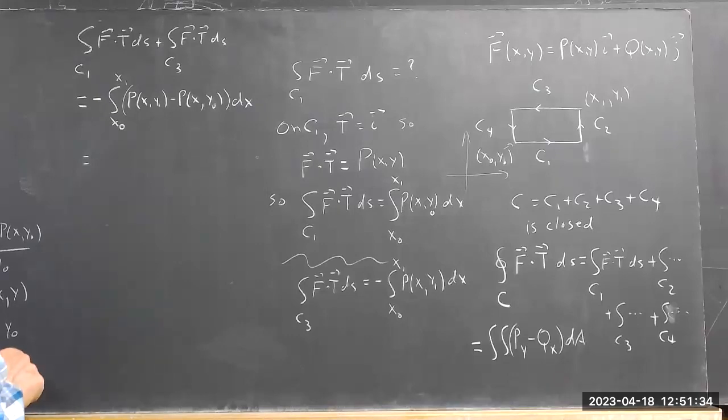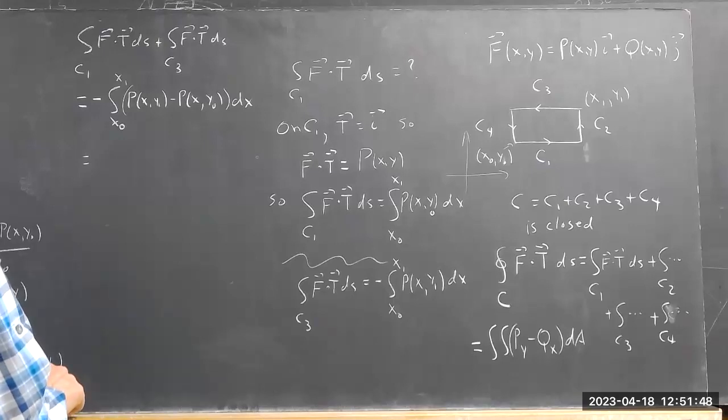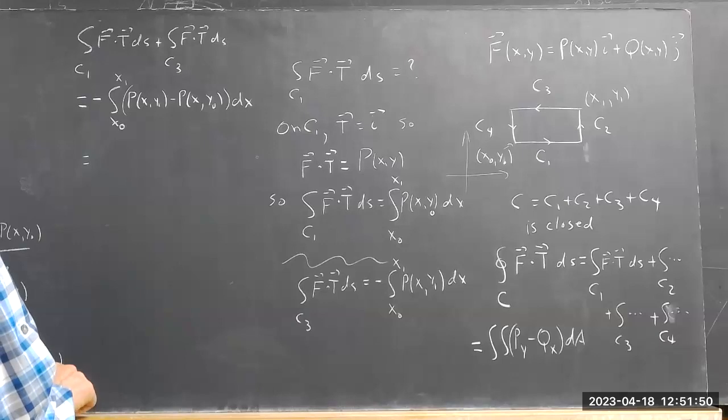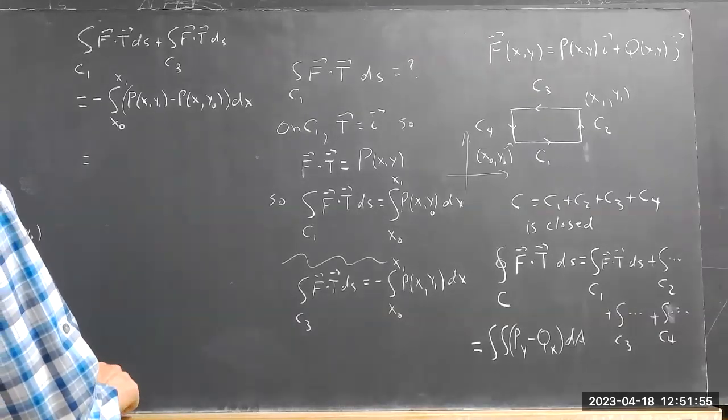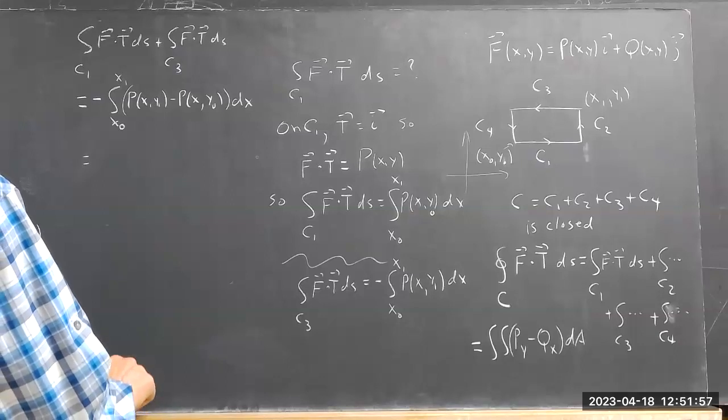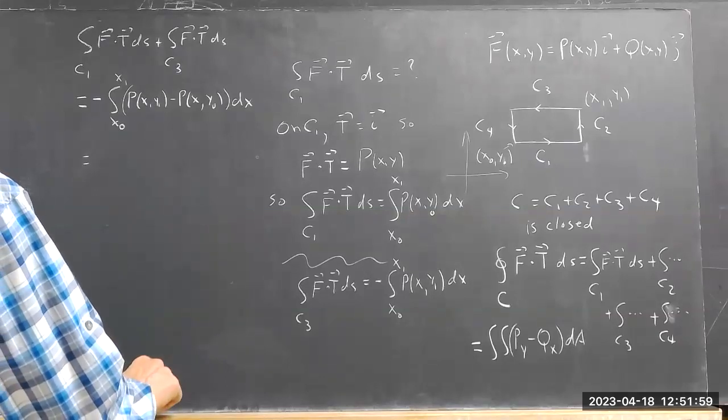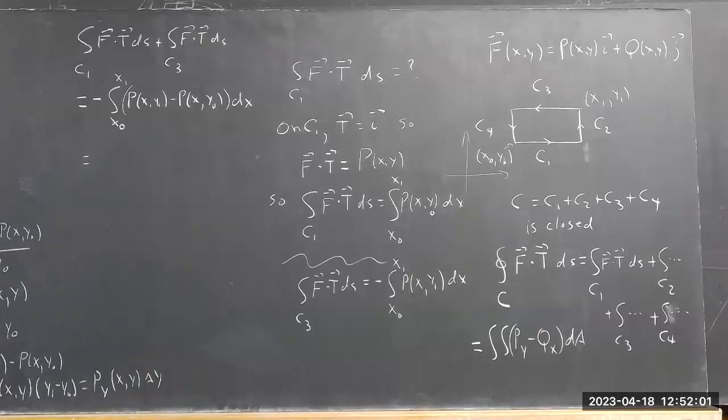It follows that p of x, y1 minus p of x, y0 is approximately equal to p_y of x, y times y1 minus y0, which we'll call p_y of x, y delta y.